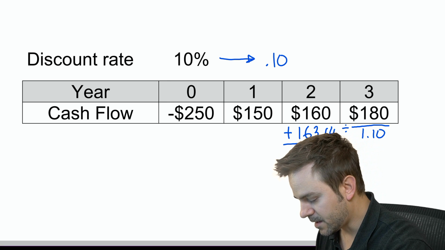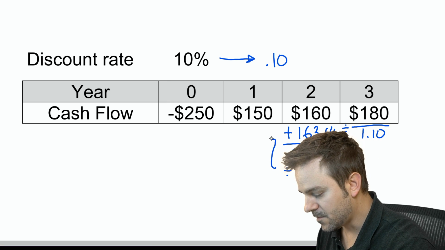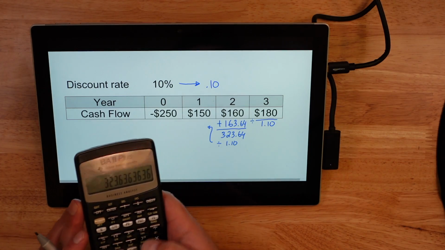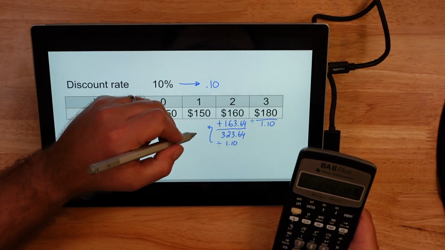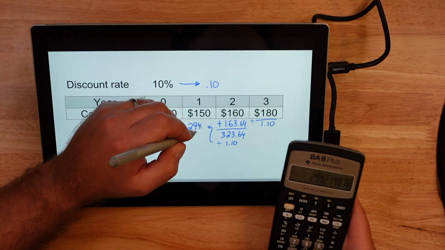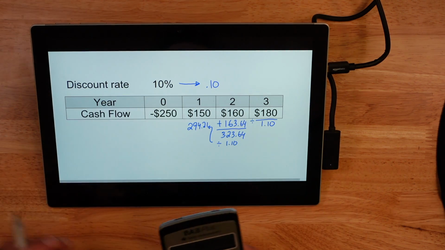I would take this number right here, divide that by 1.10, and that's going to move us over here to year 1. So let's see, divide by 1.1, and you end up with 294.21. Okay.